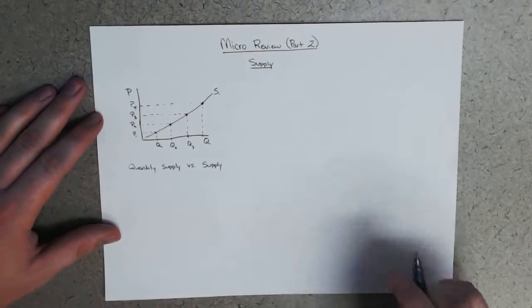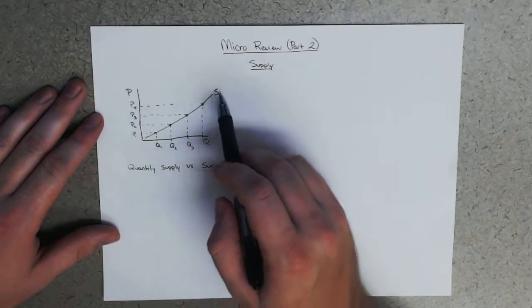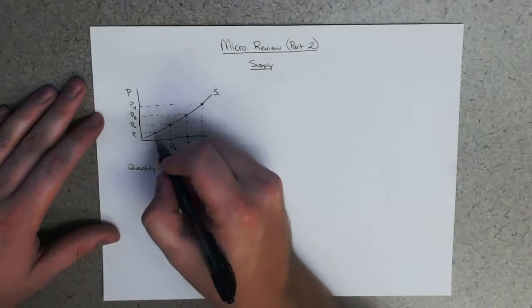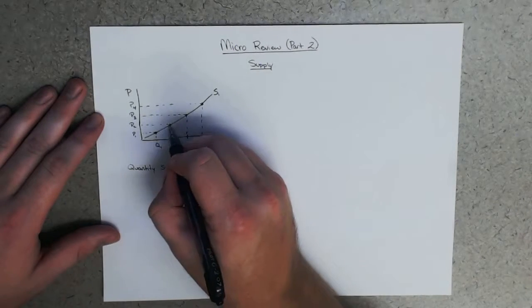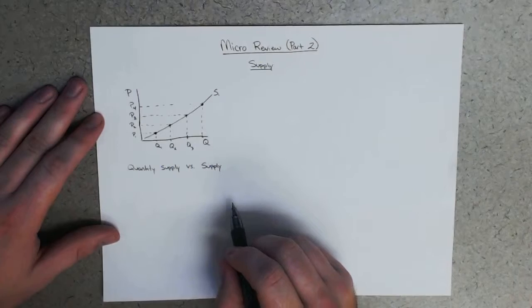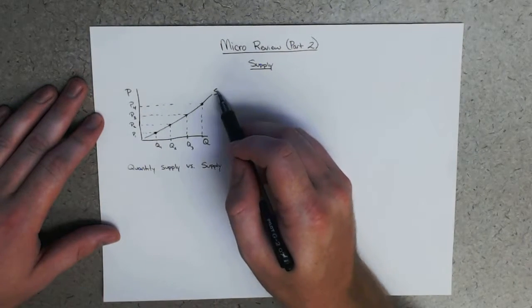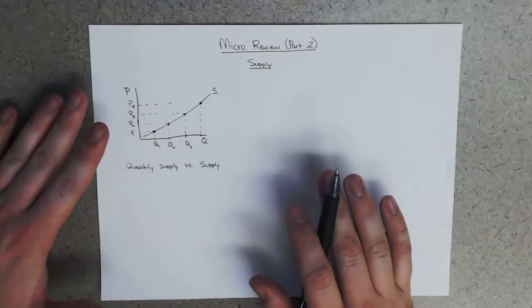Just like with demand, the supply curve is the entire curve here, and the quantity supplied is a number, or another way to think of it is a point along the curve. So all of these here are quantities supplied, and this here is the supply curve, right? Don't get these things mixed up. It's the same sort of thing, okay?